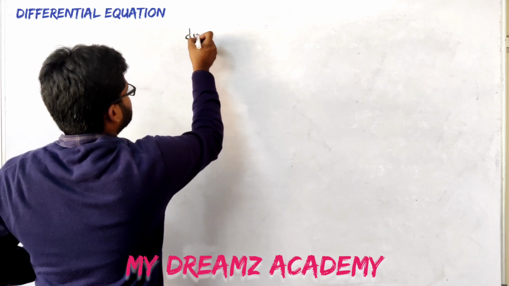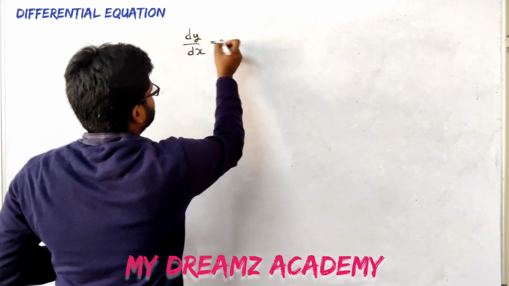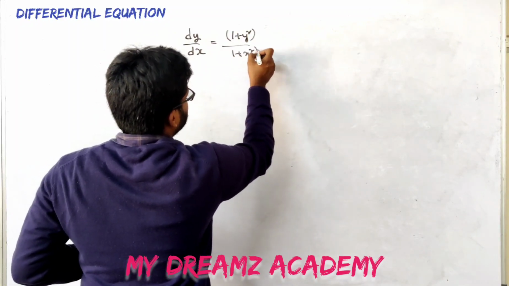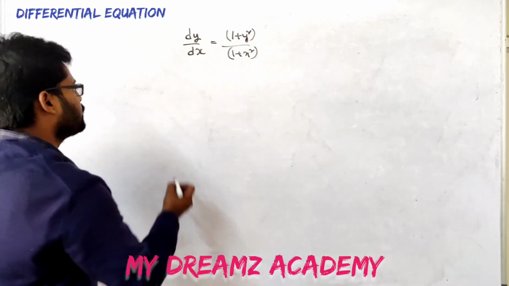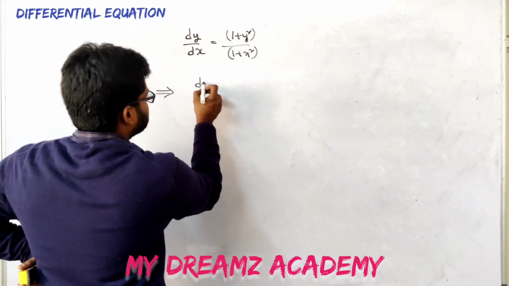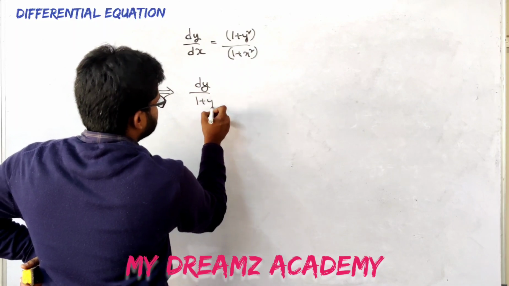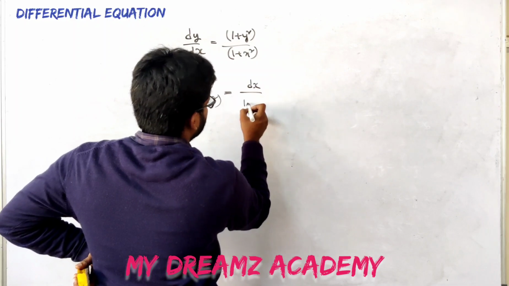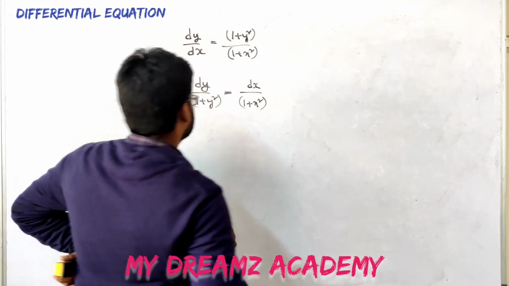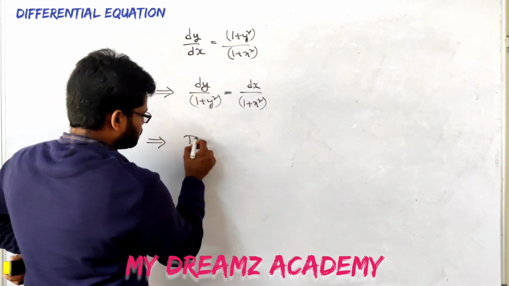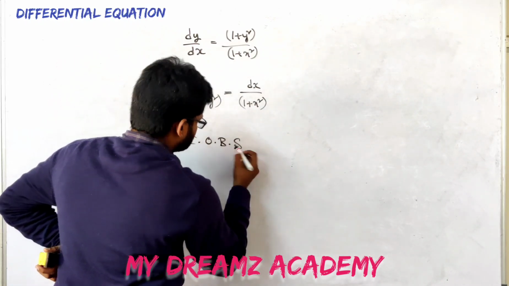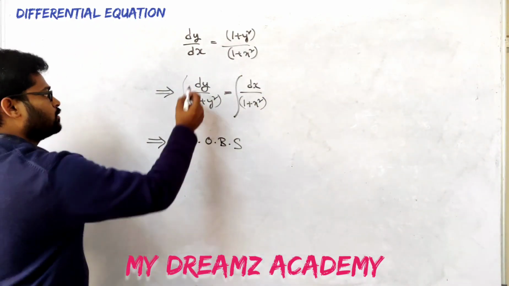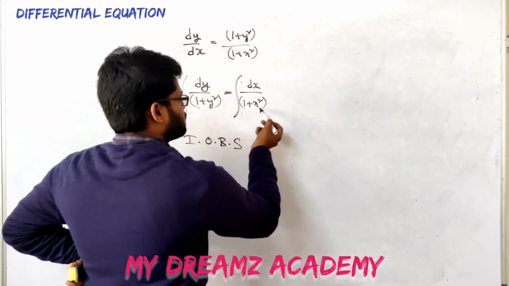See this one: dy by dx is equal to (1 plus y square) by (1 plus x square). Separate the variables: dy by (1 plus y square) is equal to dx by (1 plus x square). Integrate on both sides. What will you get?